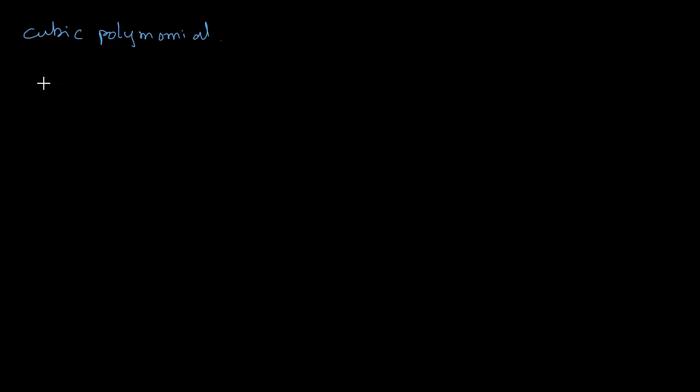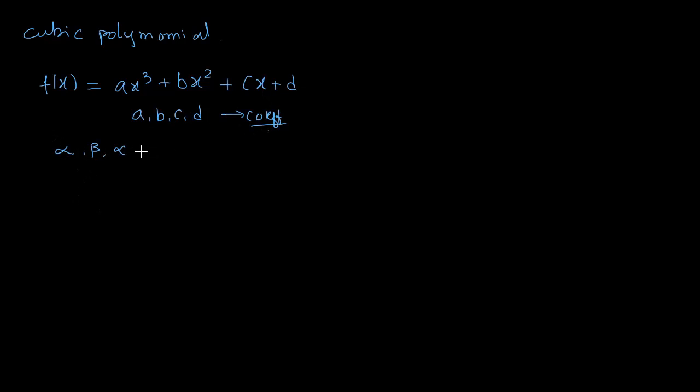So f of x is ax cube plus bx square plus cx plus d. Here a, b, c and d are my coefficients, right?